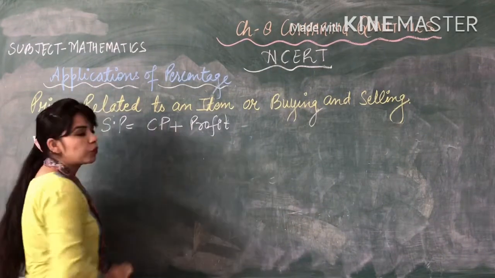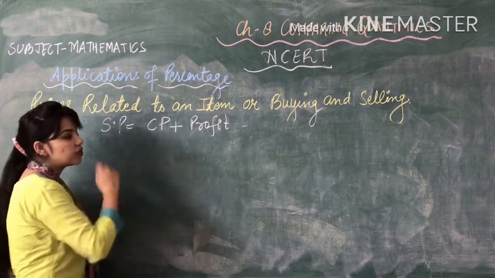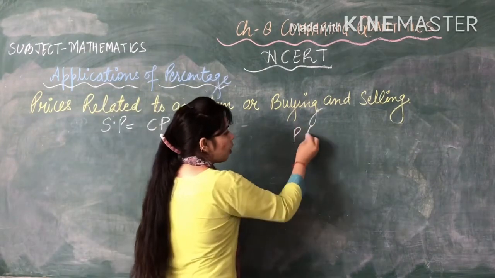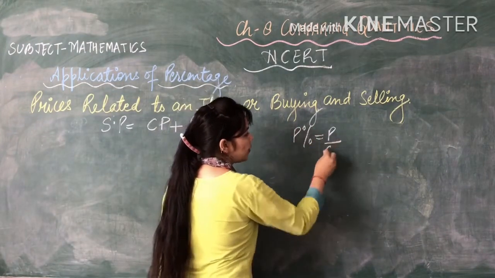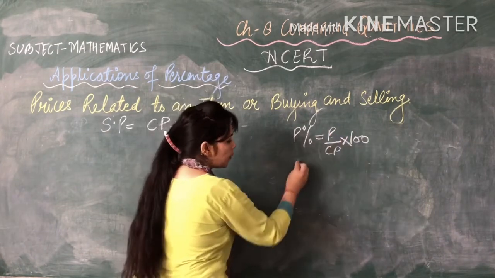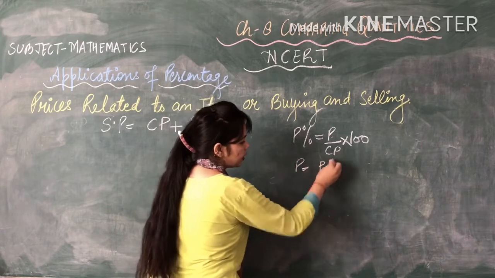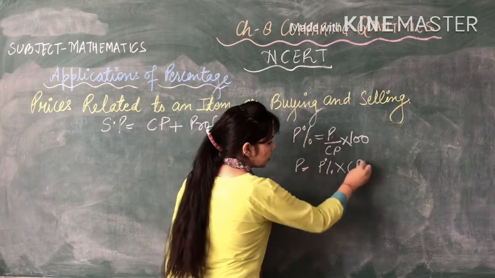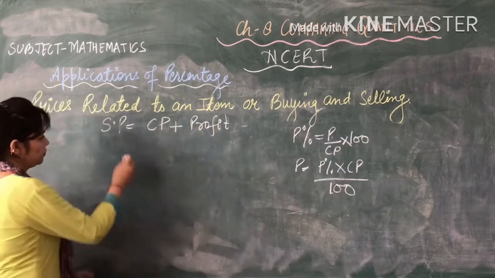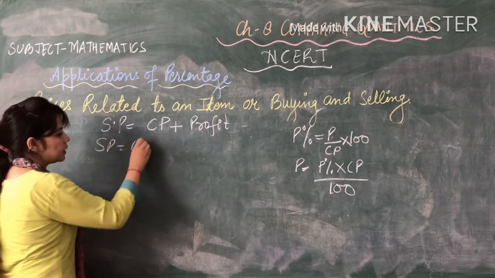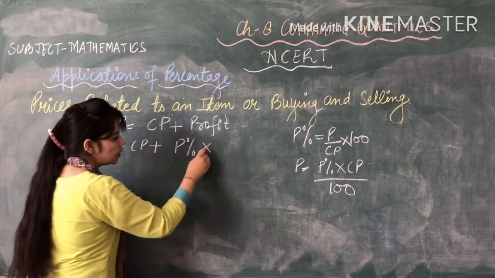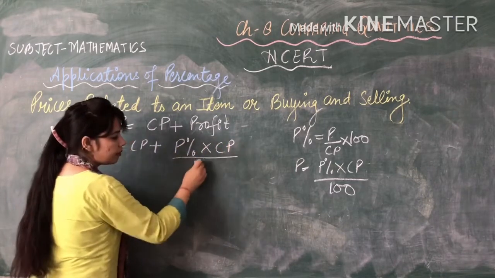But what if the profit is not given? What if the CP is not given? We know that to find the profit percent, we have profit upon CP into 100. So to find profit, it is CP into profit percent upon 100. Now put this profit here. SP equals CP plus, in place of profit, profit percent into CP upon 100.